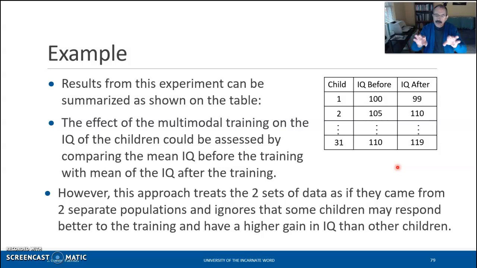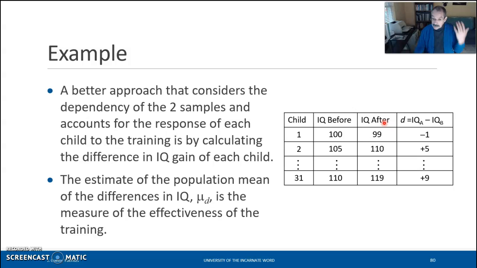By ignoring that fact, the variability of your data is going to increase, and it is going to be less likely that you detect a difference between the two groups. So treating this as samples from independent populations is not correct.